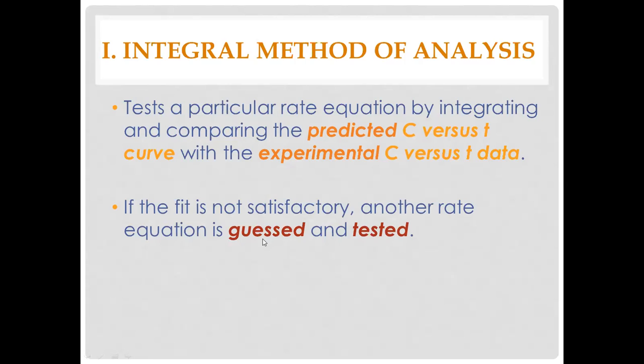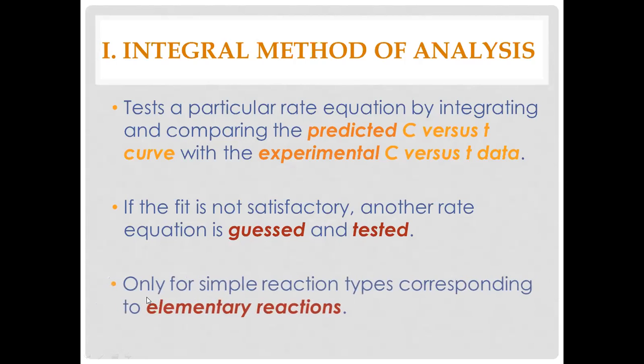If it does not fit, then you have to guess another rate equation. So it's a guessing and testing thing. But if you don't want to really guess and then test your guess, then you have to come up with the order of the reaction and the rate constant based on a technique that we will also be discussing.